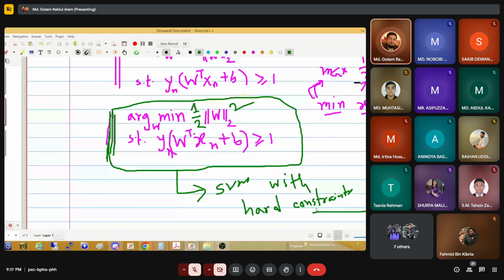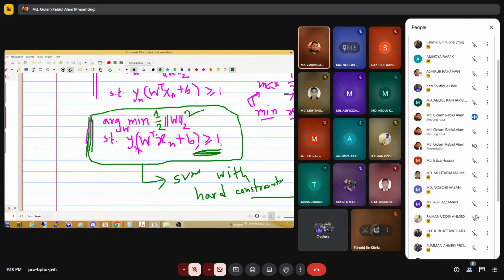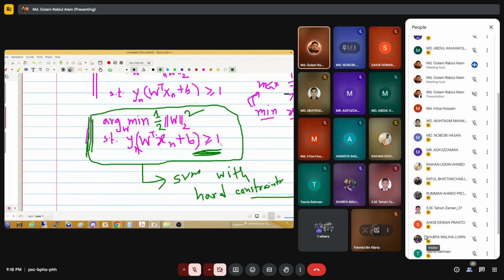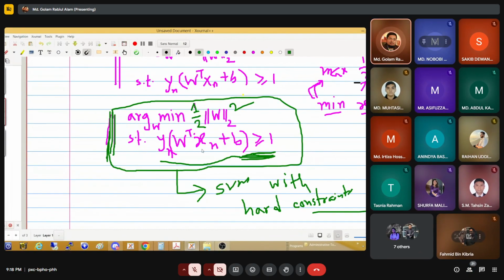So why hard constraints? Because we can see that we are strict here. It must be greater than or equal to 1. So what does it mean? It means that we actually don't allow any misclassification. We are not allowing any misclassification. That's why you can see this is hard constraints.